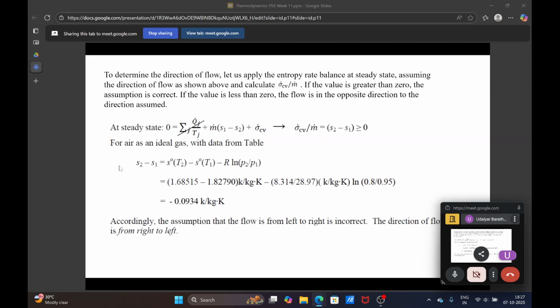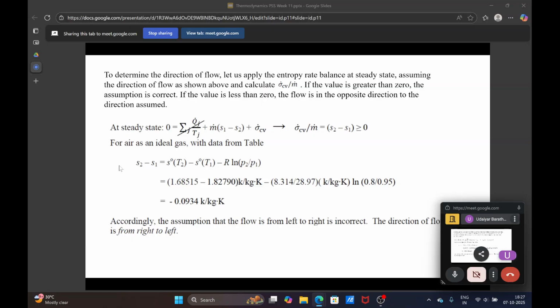So what we get is m(s1 minus s2) plus sigma, which is the entropy generated. So sigma is the entropy generated per mass rate of flow. It gives you s2 minus s1, which should be greater than 0.